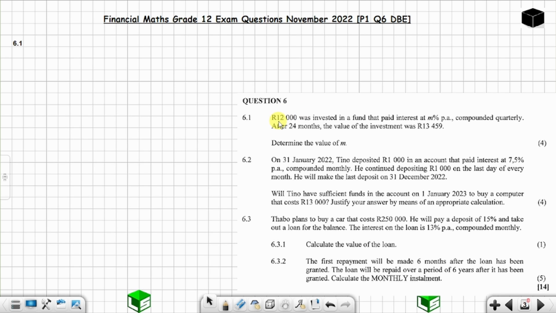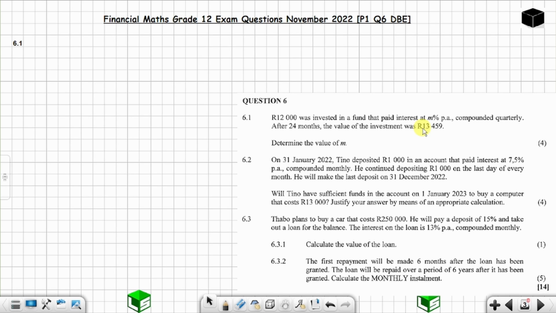R12,000 is invested once off, and then after 24 months, the value of the investment is R13,459. You can see you don't have regular payments of money over a period of time. If you had that situation, you would use the future value formula, but you don't.